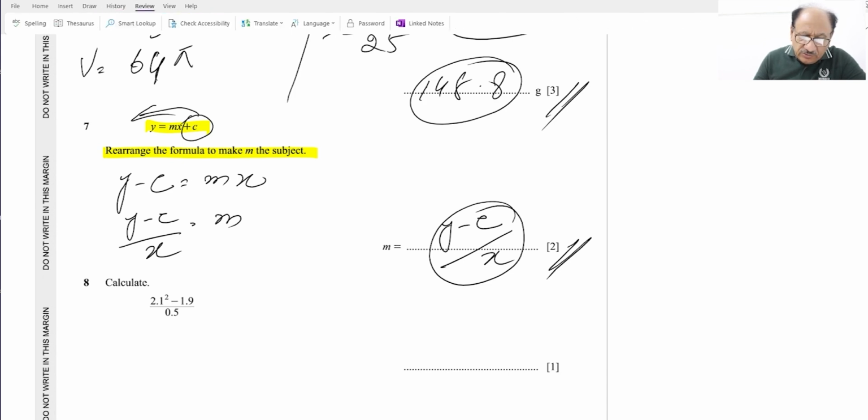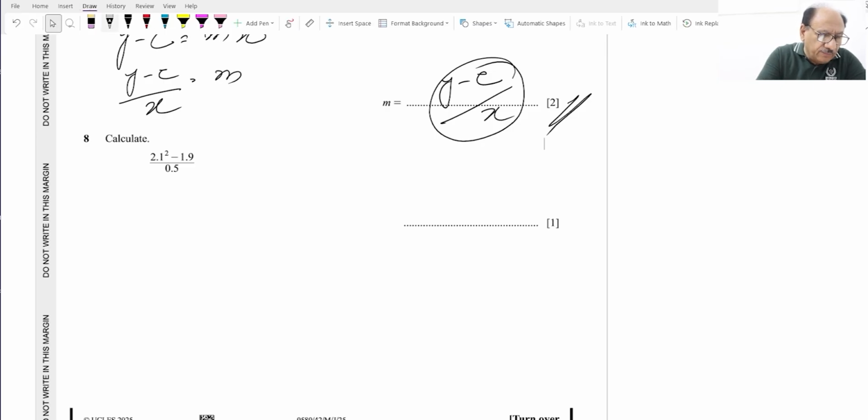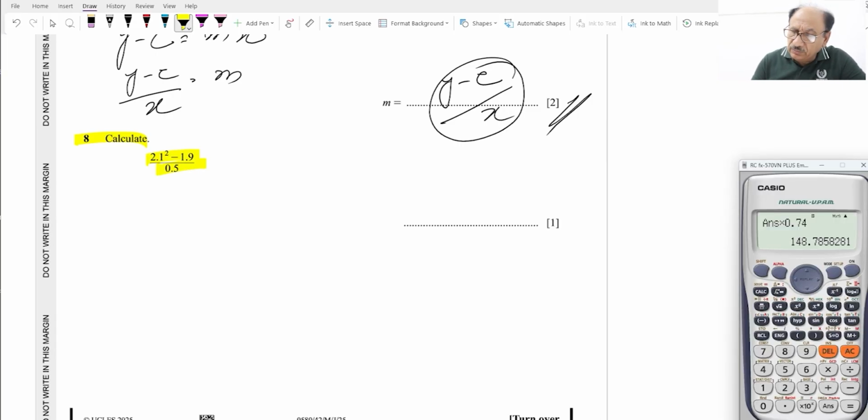Now question number 8 says calculate this. So we'll be typing in the calculator, and this will be giving us the answer. It's a 1 mark question only.